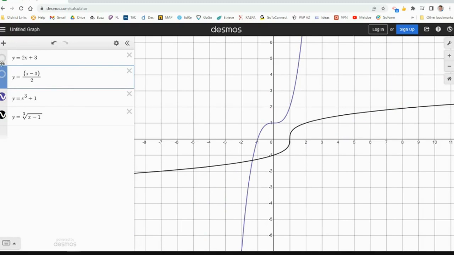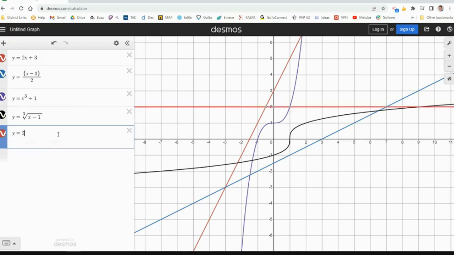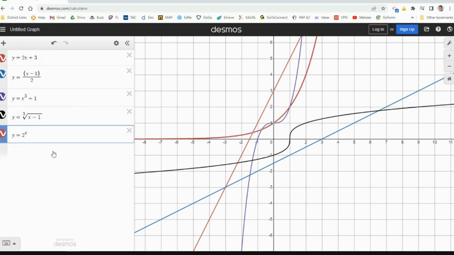They look opposite. Opposite in what way? You're right, they are opposite, but they're opposite specifically. I'll even do the logarithm one on here. So if we had y equals 2 raised to the x power, turn off these others so we can see it.